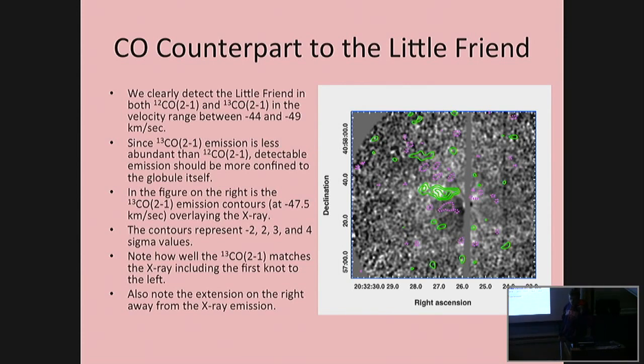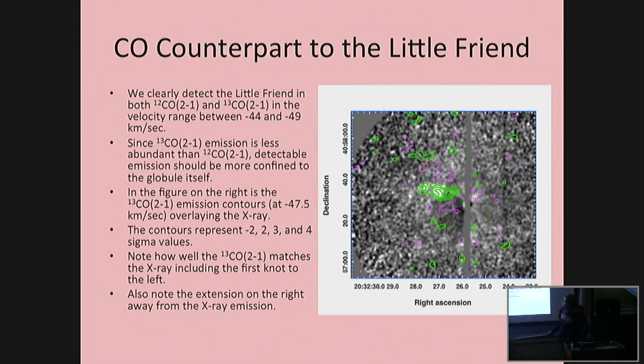We also use 13CO. It's a rarer isotope, and so we believe it will be more centrally concentrated and will better fall where the structure of the globule is. And sure enough, it does, and it occurs at velocity minus 47.5, and in fact, we see CO in the minus 44 to minus 49, which puts you right around the Perseus arm.